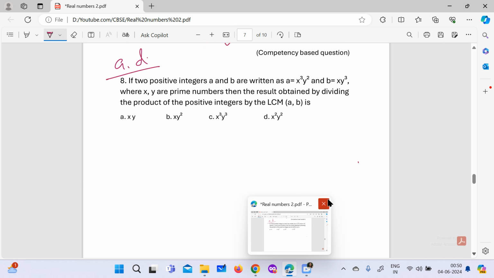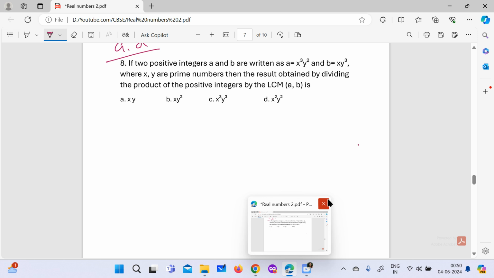Now the next one is: if two positive integers a and b are written as a equals x cubed y squared, b equals x y cubed, where x, y are prime numbers, then the result obtained by dividing the product of the positive integers by the LCM of a and b is... Okay.